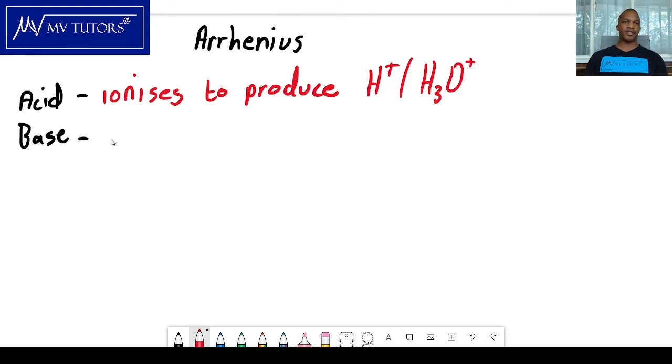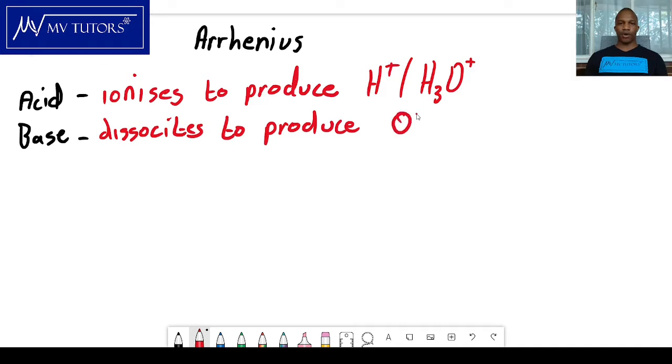A base, you can say it dissociates, but you can also say ionize. It's basically the same thing, but let's say it dissociates to produce OH, hydroxide ions.